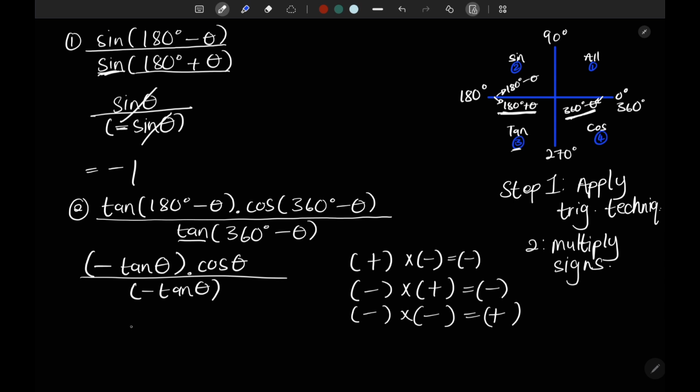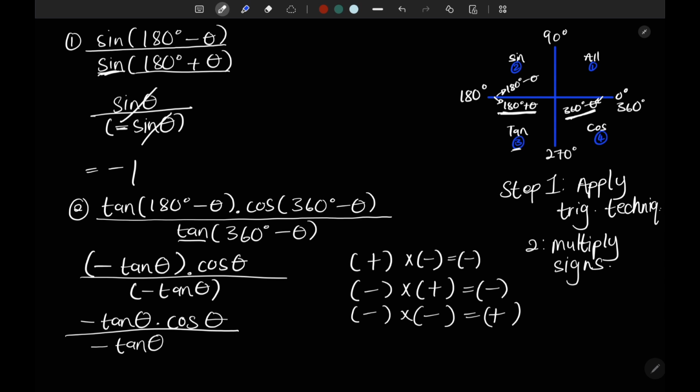So you can just rewrite your entire numerator as negative tan theta multiplied by cos theta. All over, you have negative tan theta. You just have one term in the denominator, so you can just say negative tan theta. Write it outside your bracket. Now we have a fraction and we have one term in the numerator and one term in the denominator.